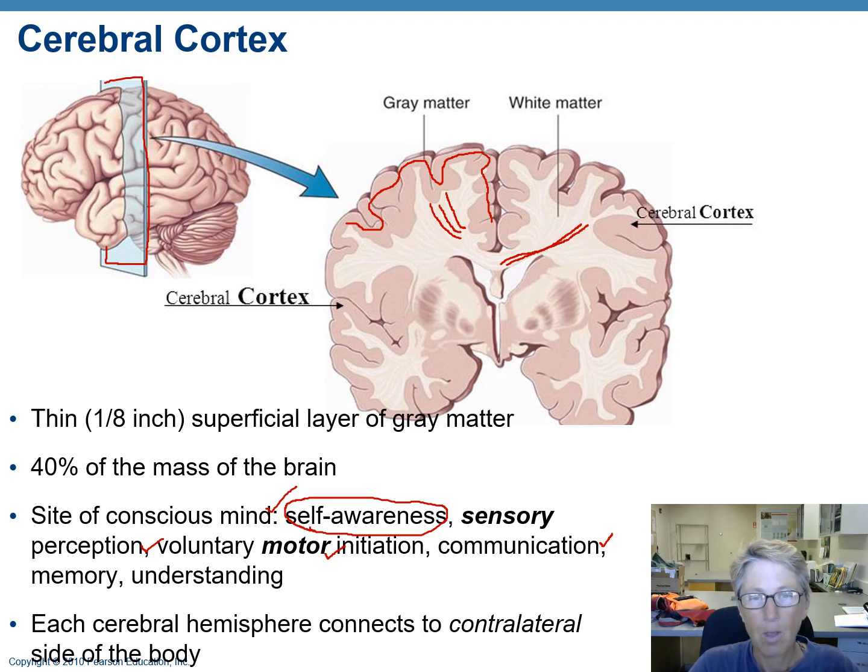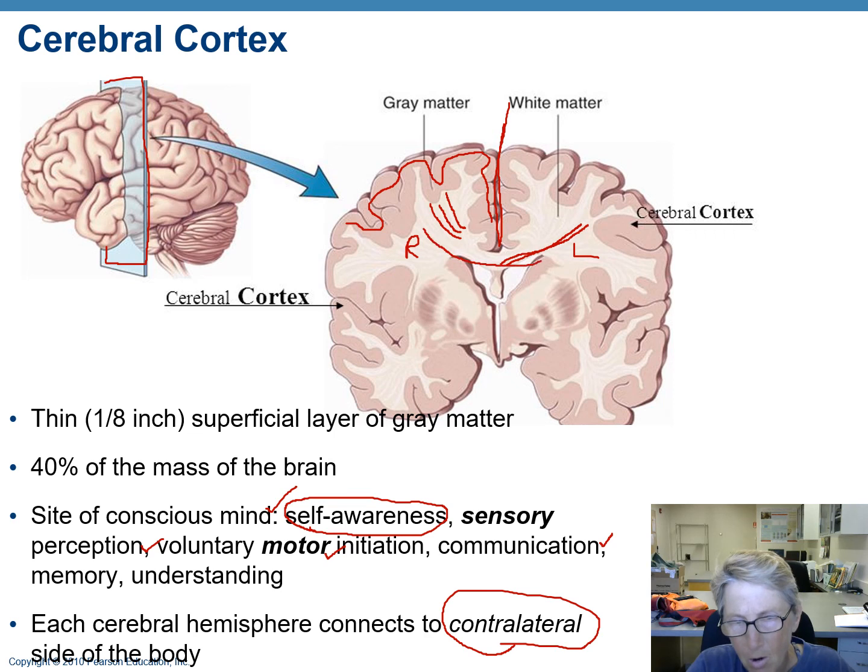And then, so here, this would be the longitudinal fissure right here, separating, so the way this is drawn, this would be the right cerebral hemisphere. This would be the left cerebral hemisphere. And each of the cerebral hemispheres connects to the contralateral side of the body. So what that means is these tracts here, these axons traveling in tracts in the brain, the cartoon's not that great, but you can kind of see how they go from the right side over to the left side.